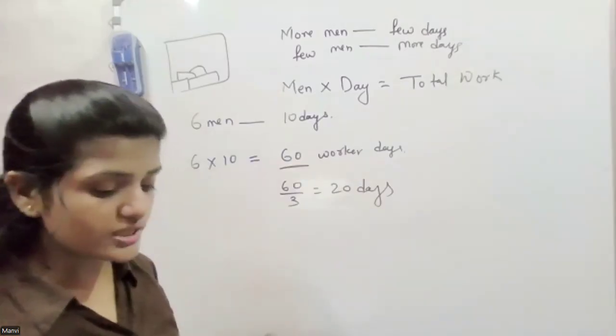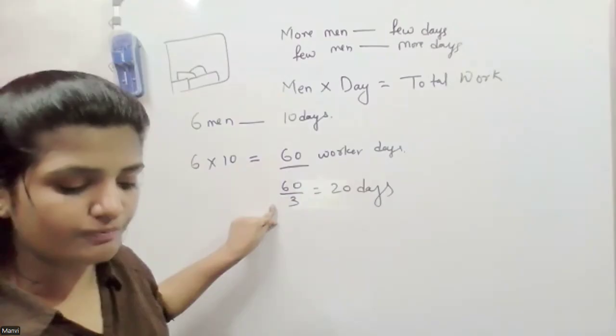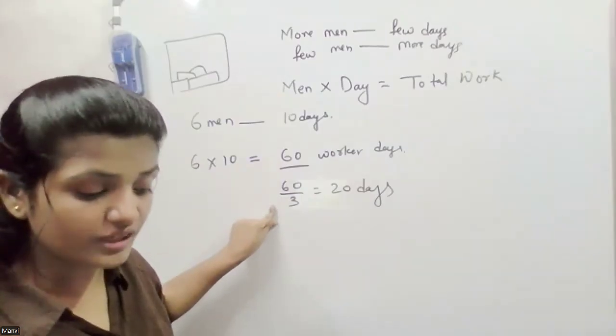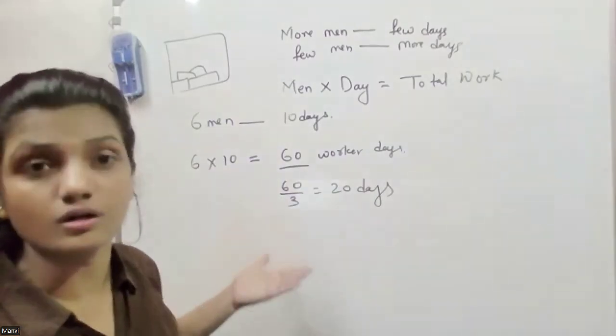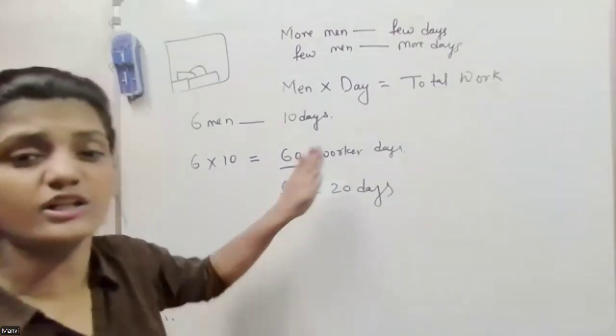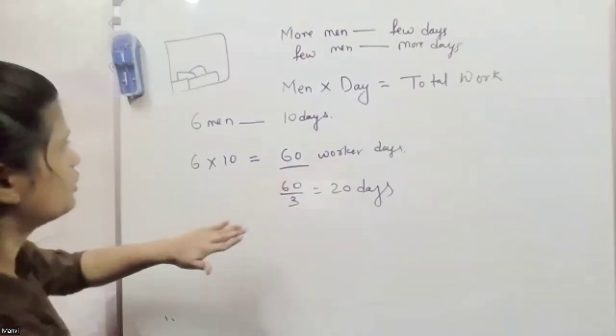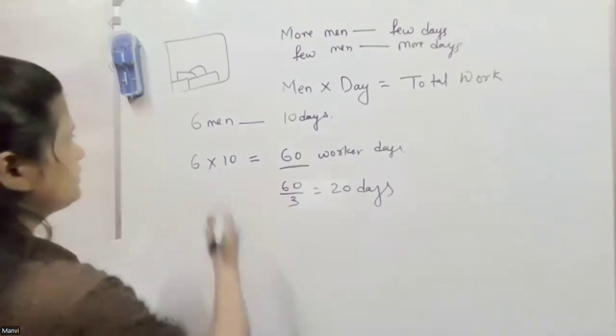The second approach is, if the question asks for the number of days, then divide the total by the number of people required. And if the question asks for the number of workers, for example, we want to finish this work in 20 days.